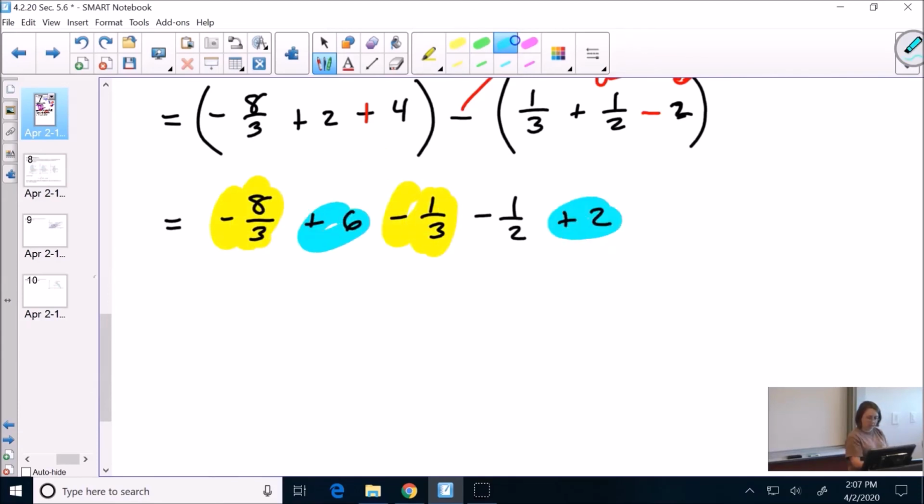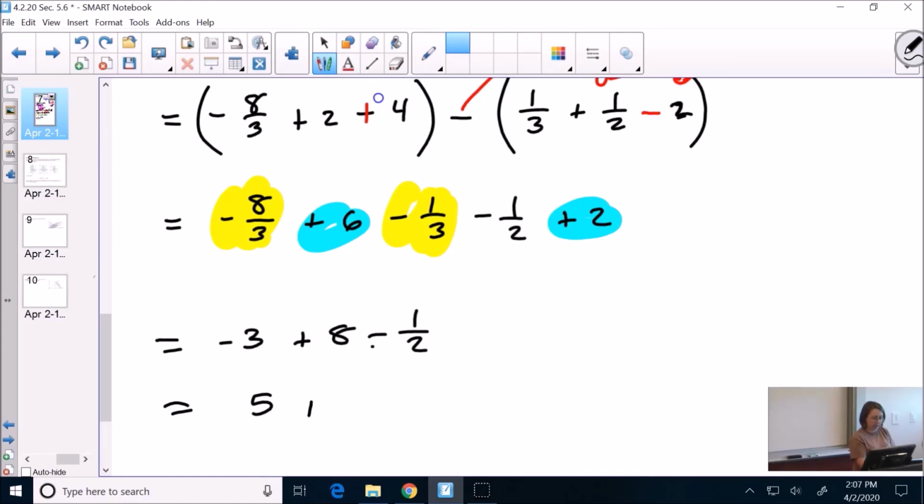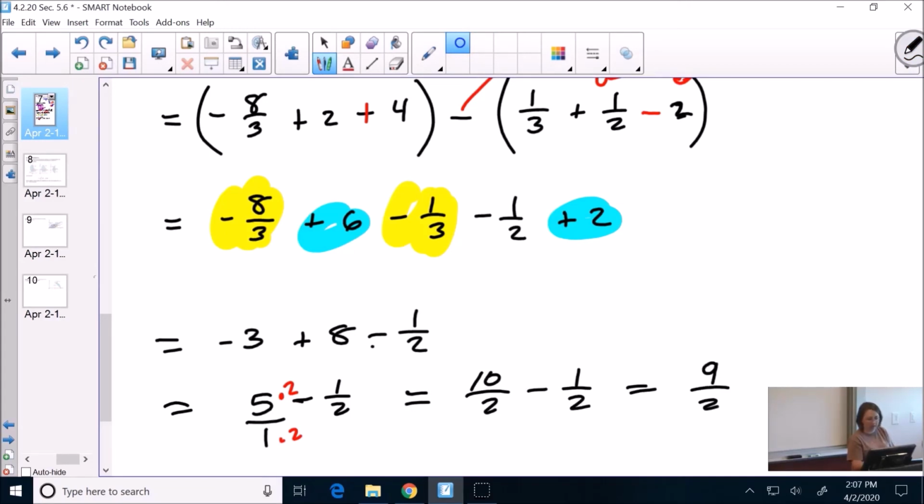These two I can put together. So it'll be negative 9 over 3, or negative 3. 6 and 2 make 8. Minus 1 half. Negative 3 and 8 make 5. Minus 1 half. 5 is over 1, so the common denominator is 2. So that is 10 over 2 minus 1 over 2, which is 9 over 2. There we go, positive. So if you get a negative area, you did something wrong.